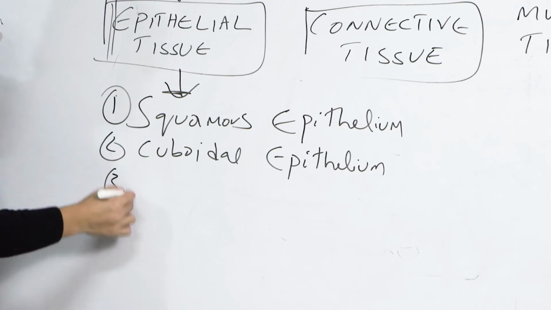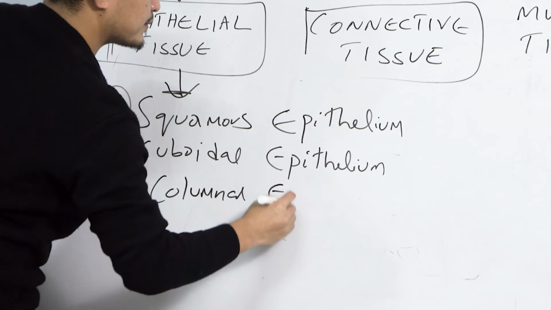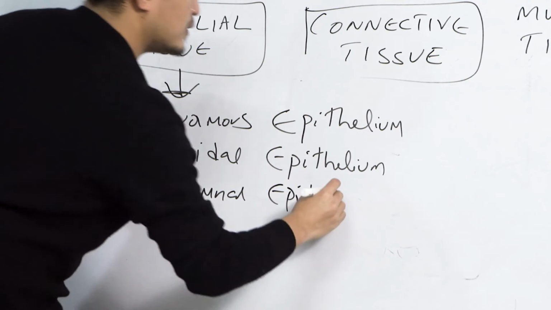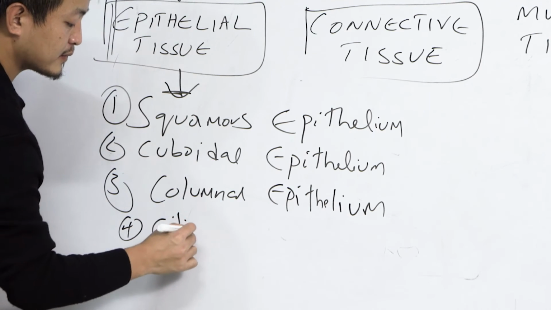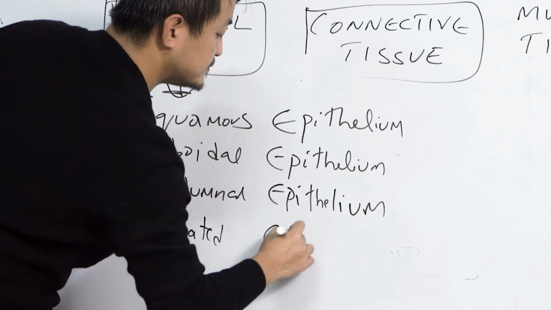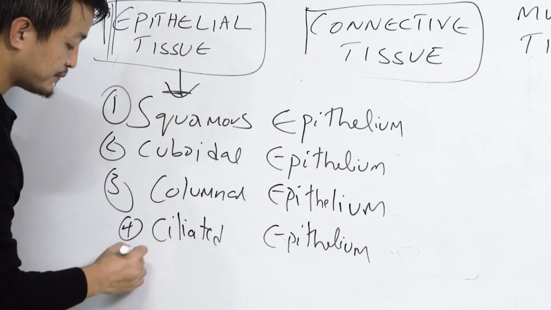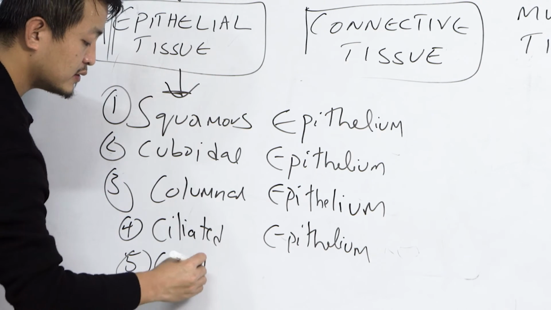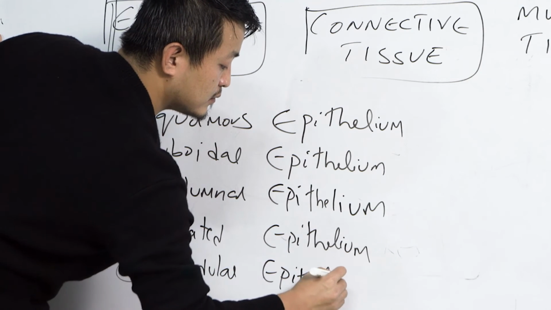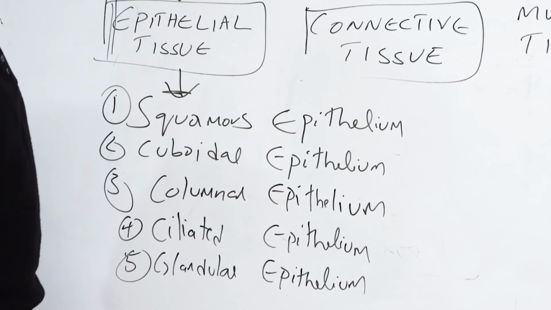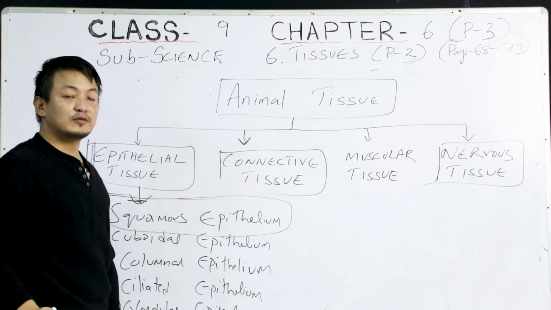The third one would be columnar epithelium. The fourth one would be ciliated epithelium. And the last one would be glandular epithelium. Clear? So let's discuss this squamous epithelium.